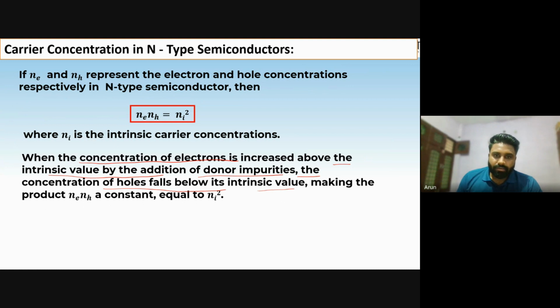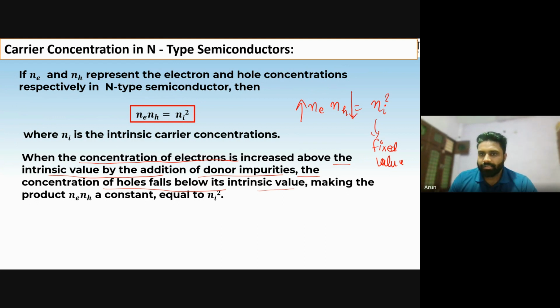You can see here Ne times Nh equals Ni squared. Ni is a fixed value, a constant term. So if Ne increases, then Nh should decrease, to maintain this fixed value. Got it? That is what is written in this statement.